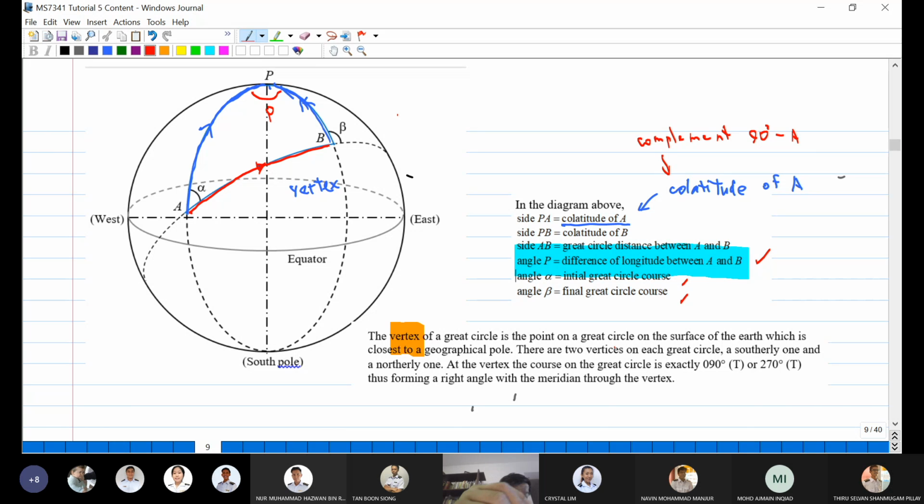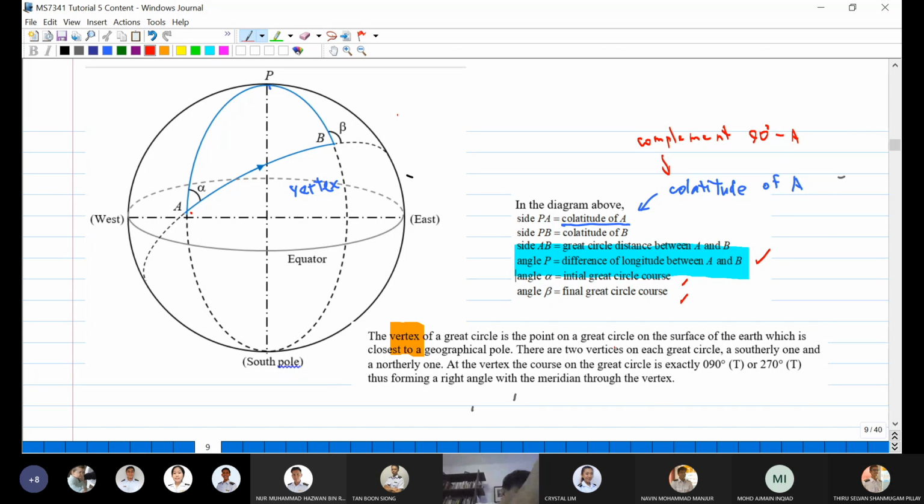Now I go to another important word called the vertex. What is a vertex? The vertex is the nearest point along the great circle to the pole. The vertex is highlighted in orange. What does it mean?